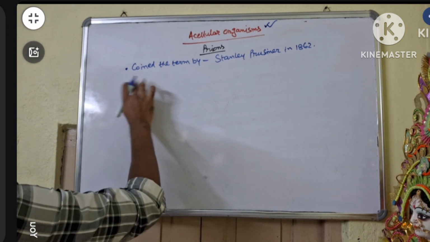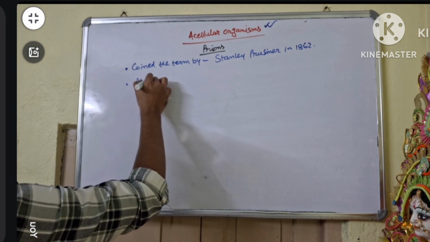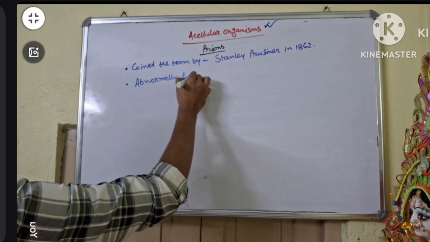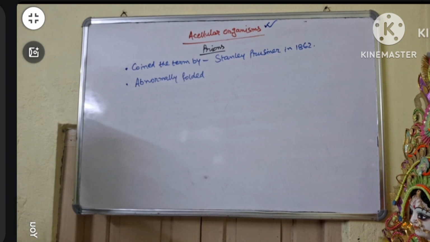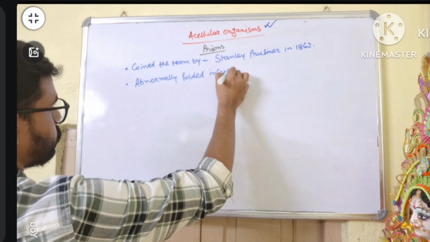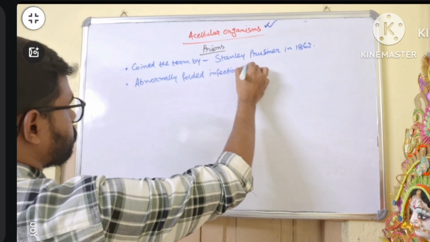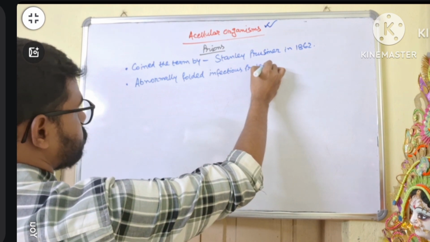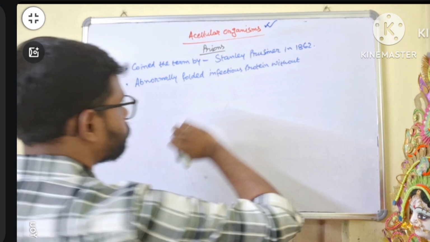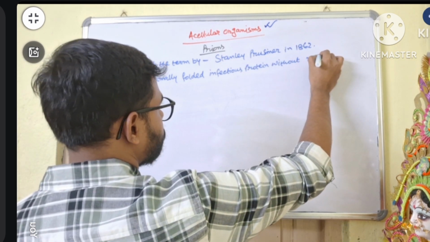Prions are actually abnormally folded infectious protein without nucleic acid.